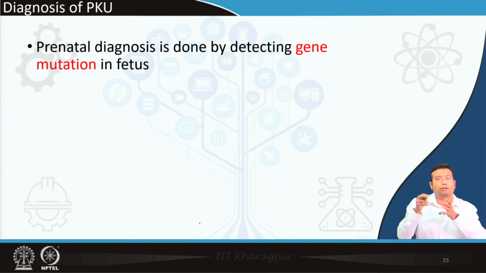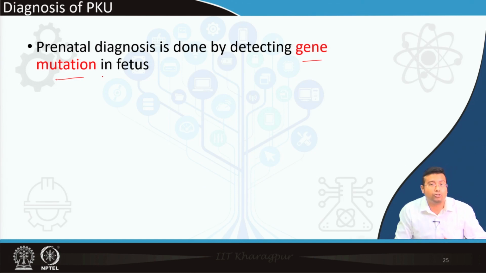Prenatal diagnosis in the fetus is by detection of PAH gene mutation. If it is mutated, there is a chance that the baby will have phenylketonuria. But mind it, as I always discussed previously, a mutation may lead to total or partial loss of the enzyme.